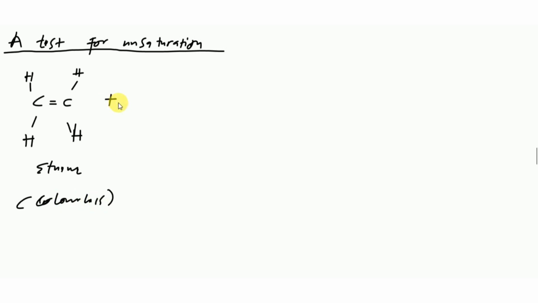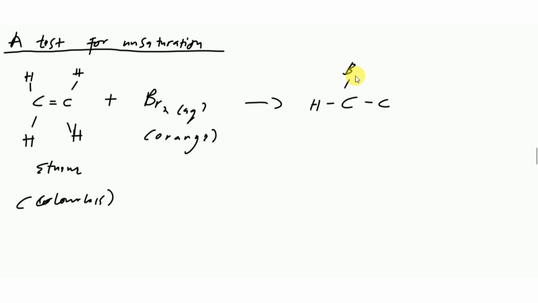When it reacts with bromine, which is in aqueous form, and the color there is orange, this will produce this compound.